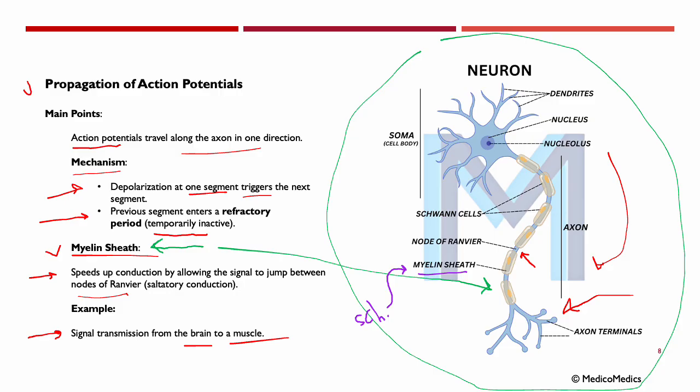Now, why is this interesting clinically? Because there is a quite famous disease, perhaps you've heard of it, that is associated with the destruction of the myelin sheath. That disease is called multiple sclerosis, or shortened MS. In multiple sclerosis, and I'm just giving a brief overview here, the immune system is mistakenly attacking the myelin sheath.